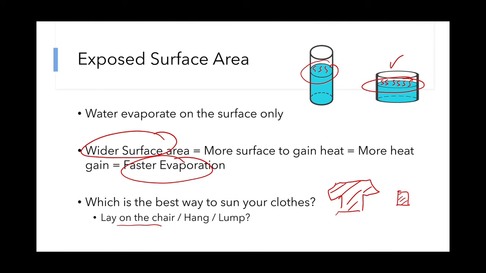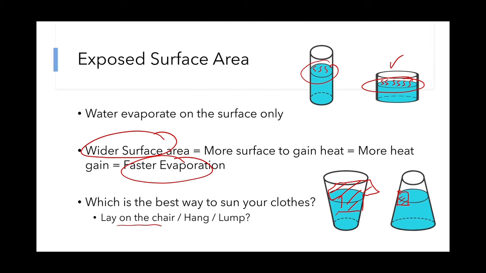So obviously the one that's being hanged on a hanger has more surface area, and therefore the evaporation will be faster as compared to the one that's left on the chair that only has one side of exposed surface area. So to summarize, the bigger the surface area, the faster the evaporation.